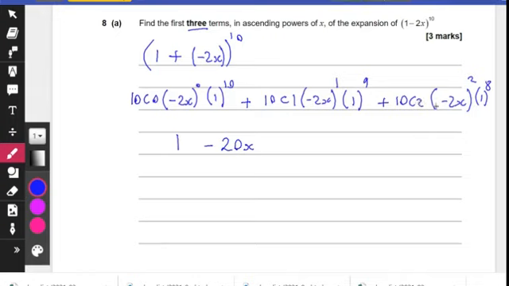The second part, if somebody could be so kind as to tell me what 10 choose 2 would be. 45 maybe? Yeah, 45. Okay, thank you. And then 45, and then you've got minus 2 squared, which is positive 4. So 45 times 4 is going to be 180, so that's plus 180x squared. And that's the first three terms in ascending powers of x.